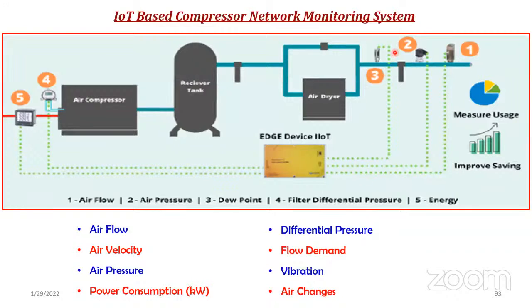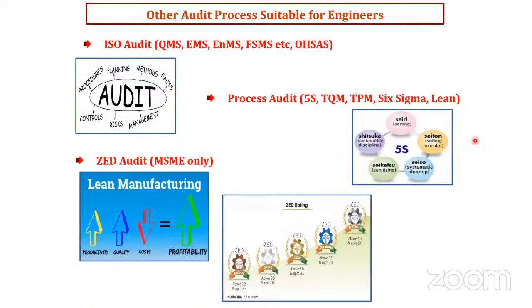You can just fit the sensor to any type of meter, whether it is an LMSR meter or ICD meter or whatever type of meter. It will work properly. You can take the readings from the meters on your mobile phone itself. They have IoT modules that can be fitted to any type of measuring meter. So these types of improvements are now available and can be taken into account.